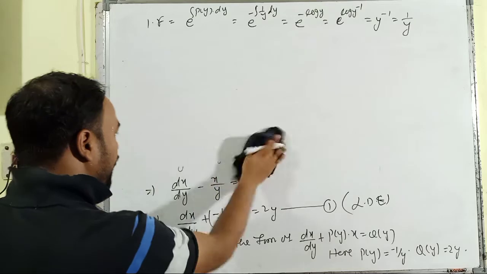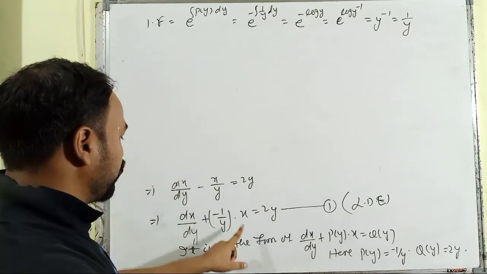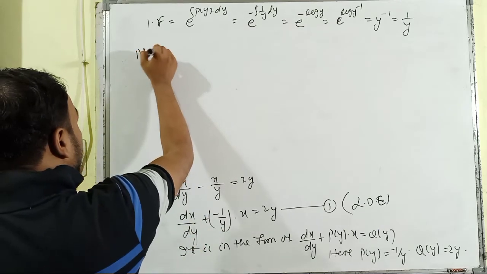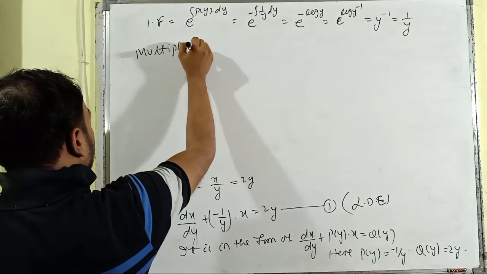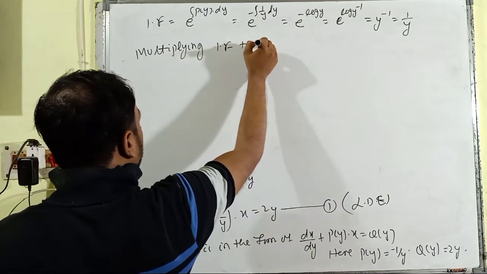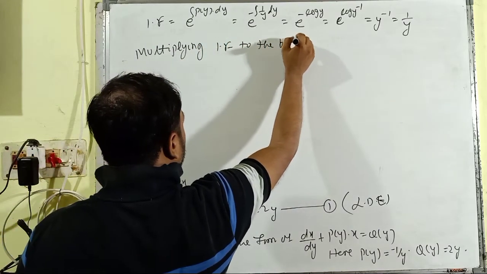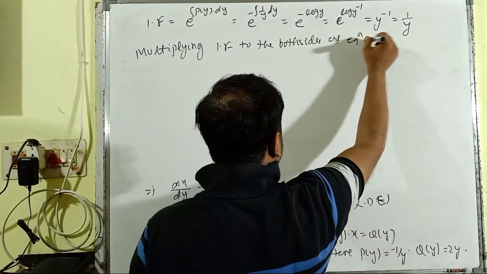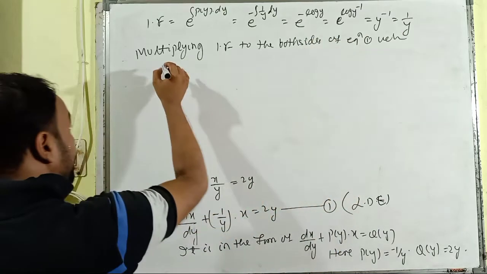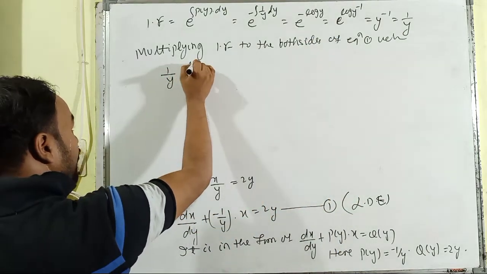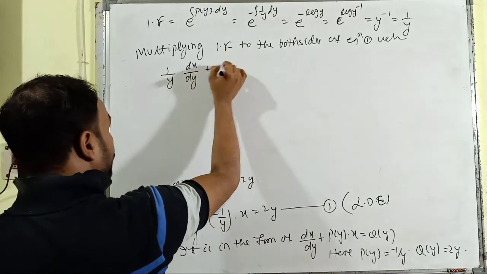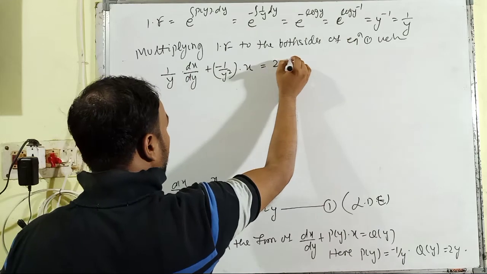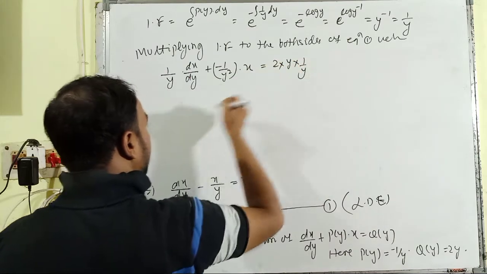Then you have to multiply the integrating factor to both sides of the given linear differential equation. Multiplying the integrating factor to both sides of equation 1, we have (1/y) dx/dy plus (minus 1/y square) x is equal to 2y multiplied with 1/y.